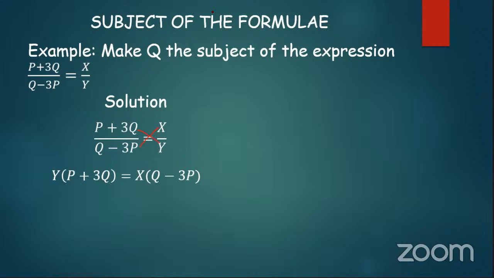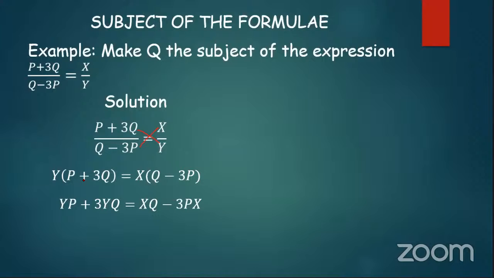Okay, we open the brackets here. Y times P gives us YP. Y times 3Q, 3QY. X times Q is XQ, and X times minus 3P is minus 3PX. So that would be that after opening the brackets.